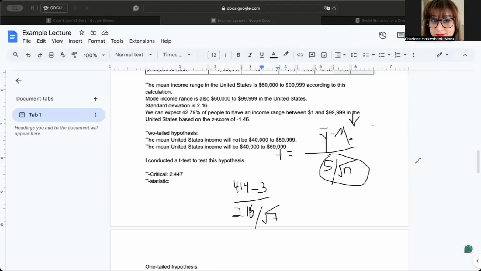Now I'm going to plug that in. Like I said, Desmos can be incredibly helpful. I did ask folks to already calculate their standard error, but not everybody did. So you can just go into Desmos because it's helpful to do that, and make sure you are using the right order of operations.